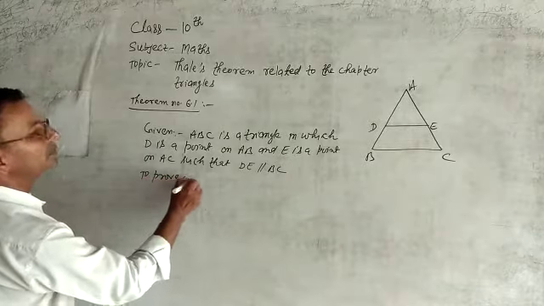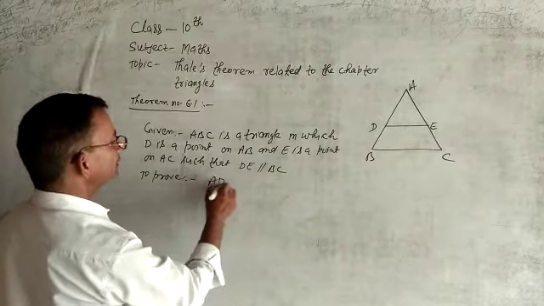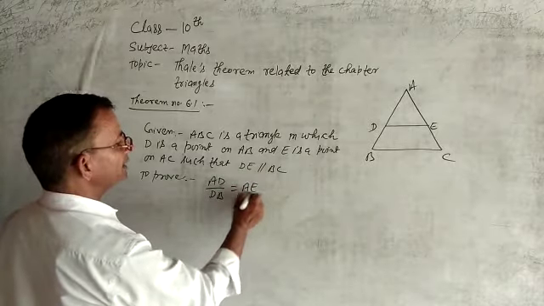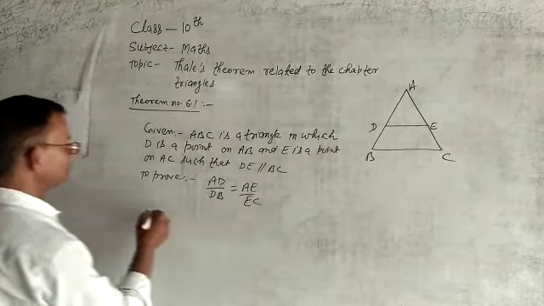To prove: AD upon DB is equal to AE by EC.